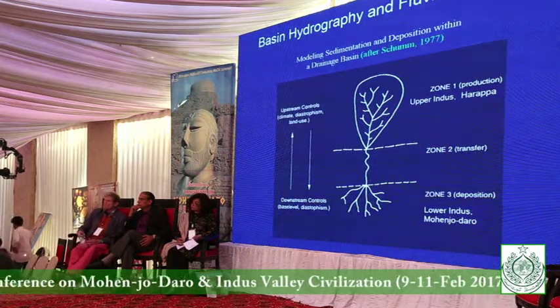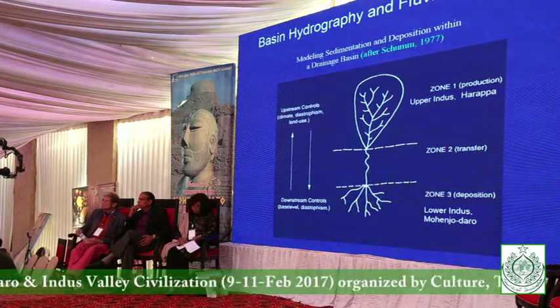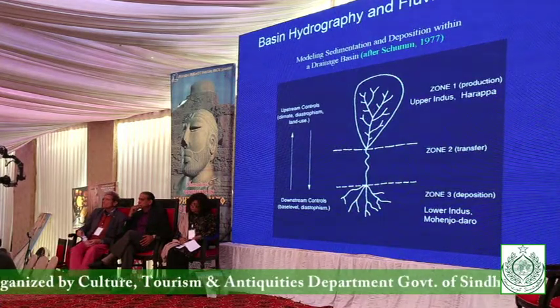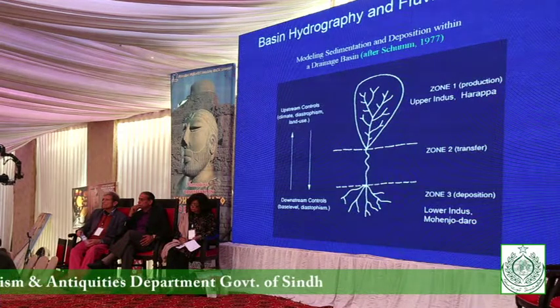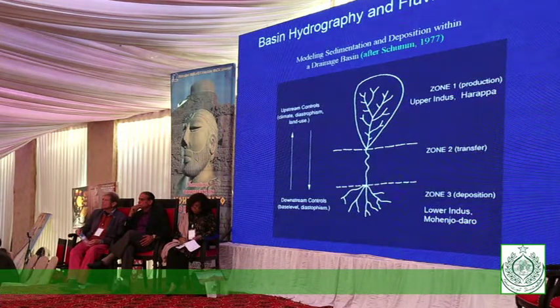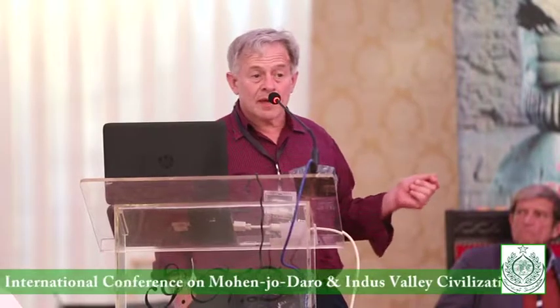That's why Mohenjo-Daro, because of its location in such a complicated area, is going to be a very difficult task to unravel. But as Dr. Solangi indicated, all those abandoned river channels are expected. They have to be there. And if you don't know that they have to be there, then you're really not doing things in an appropriate fashion. So that's the basic scenario that I want to look at.